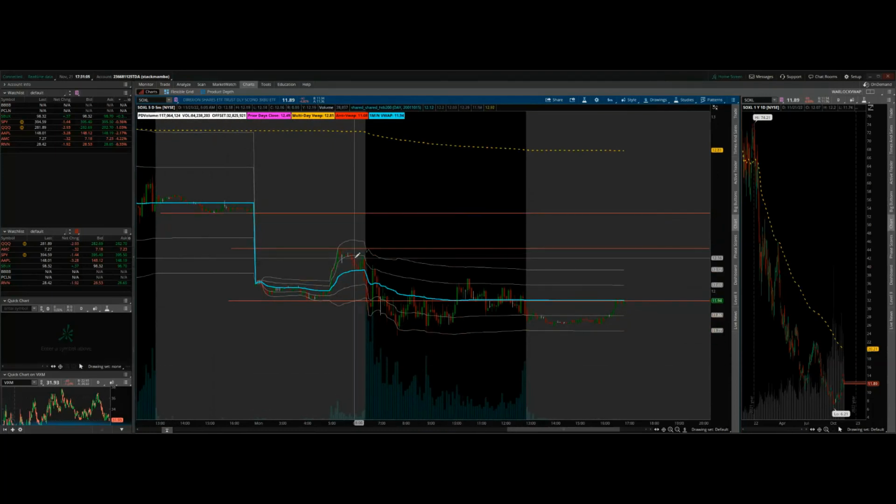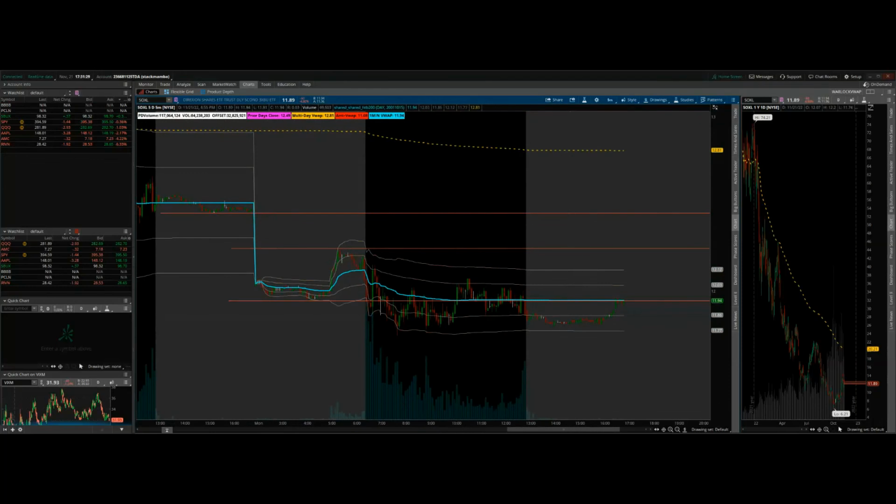But since we couldn't get over this point right here, there's no reason to get in to the upside, because we're looking for blue line to orange line at all times, especially when stocks gap down, right? When they gap down, that's when this works the best. A lot of volume. So this just became a chop fest.